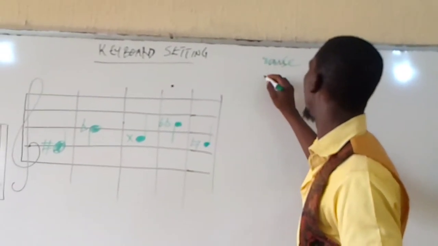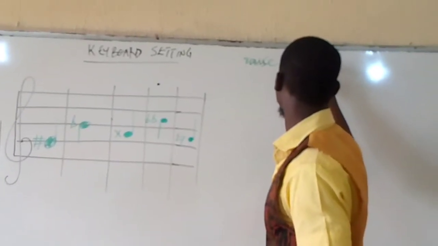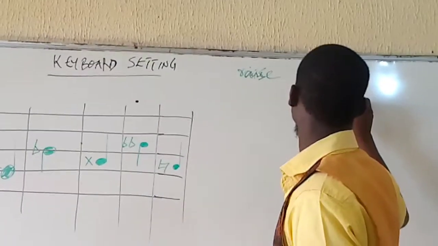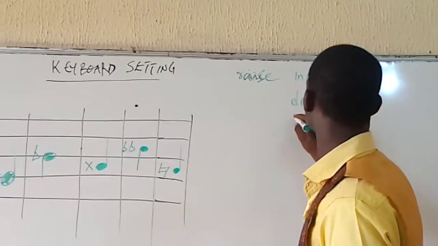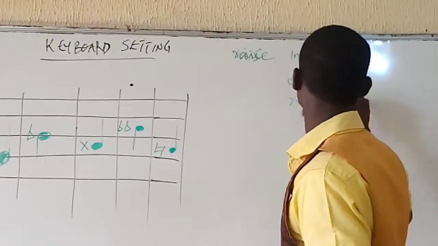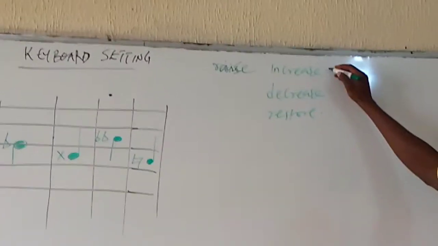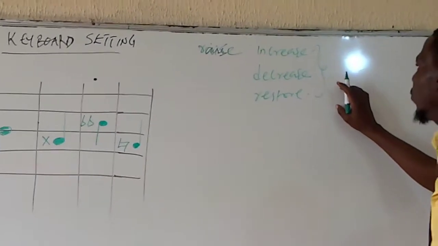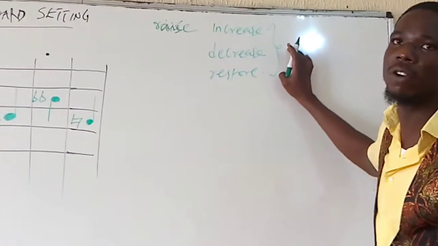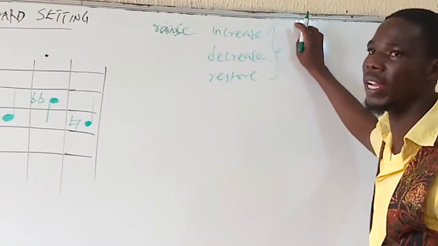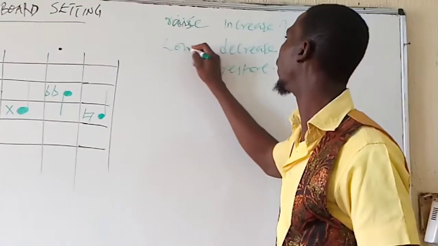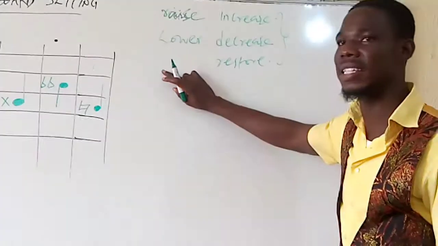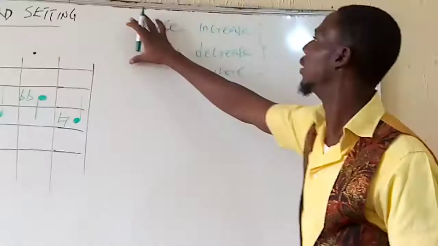One is to raise, or increase, while the other is to decrease or lower, and also to restore the pitch of certain notes. That is what the accidental does.